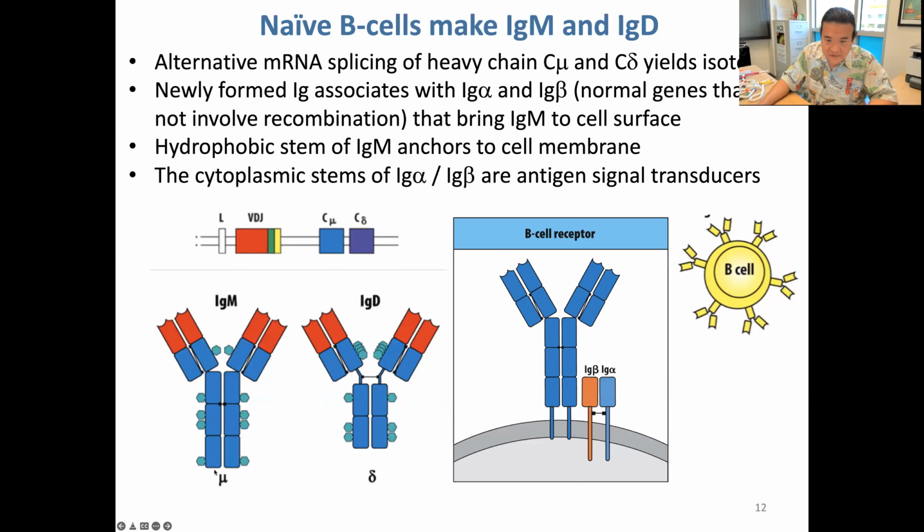At the same time, the B cell might end up choosing a purple delta block, in which case the resulting form of this B cell receptor would be an IgD, because it would have a delta type of stem. Keep in mind, though, the red part stays the same, because this is the hard work up here. It was coming up with the VDJ to make the red parts or the variable parts. The rest of it is just swapping out these constant regions that define what kind of stem is on there.